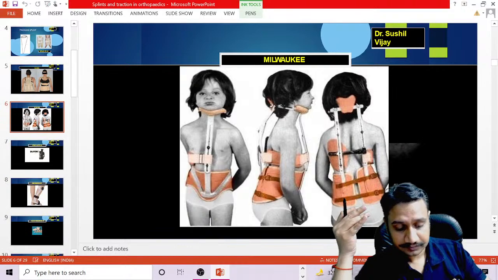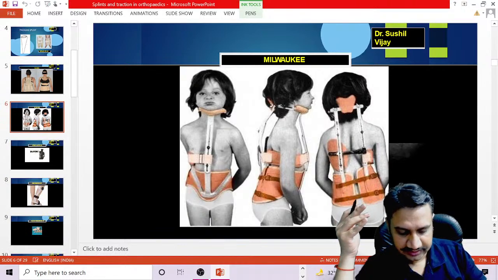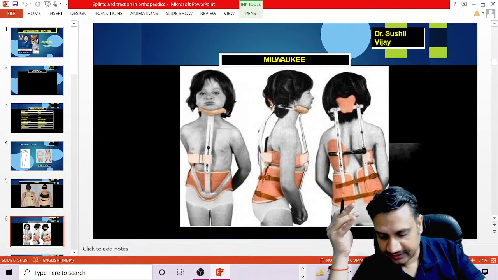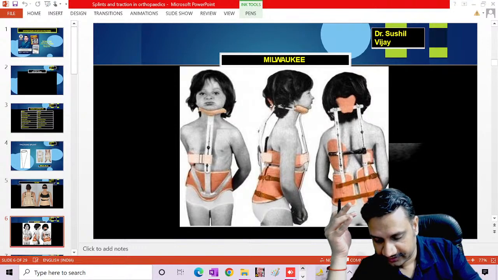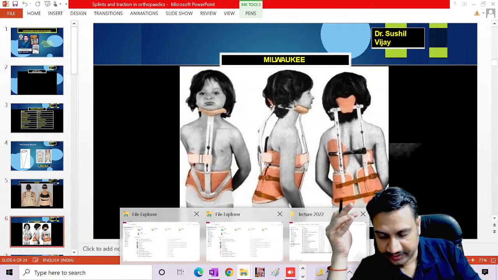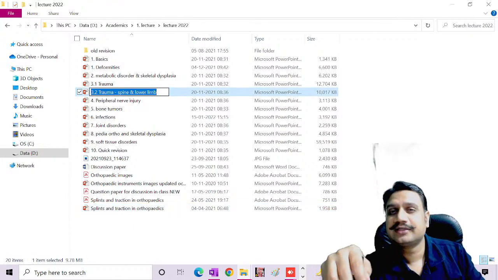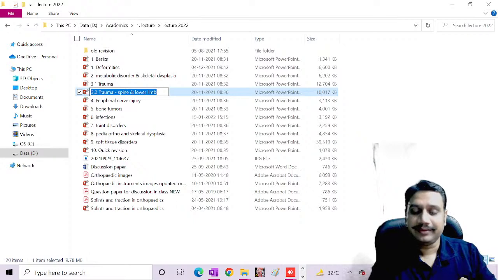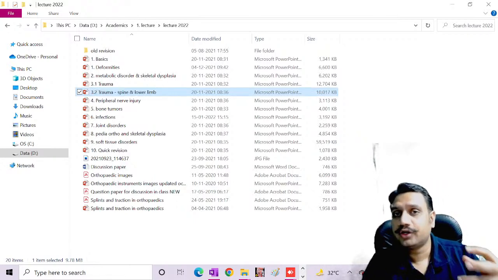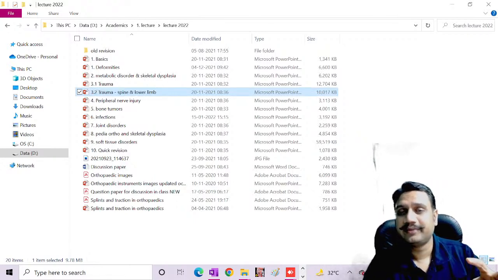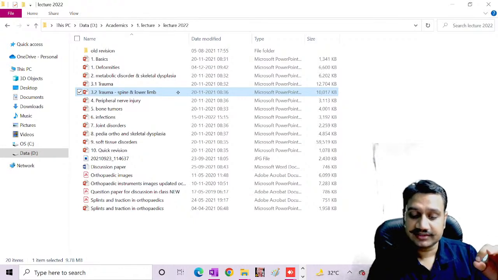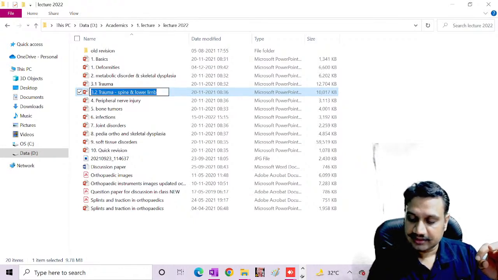But when you wish to use it in an adolescent, then you use the Risser's cast. I don't have the image here, I'll show you from my spine topic. So scoliosis in a child can be treated by Milwaukee, but for an adolescent, you use another spinal brace known as the Risser's cast.